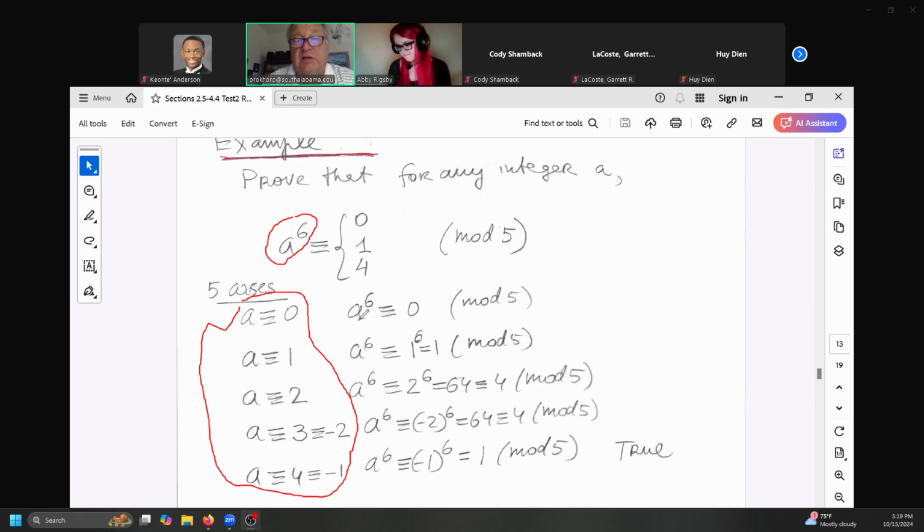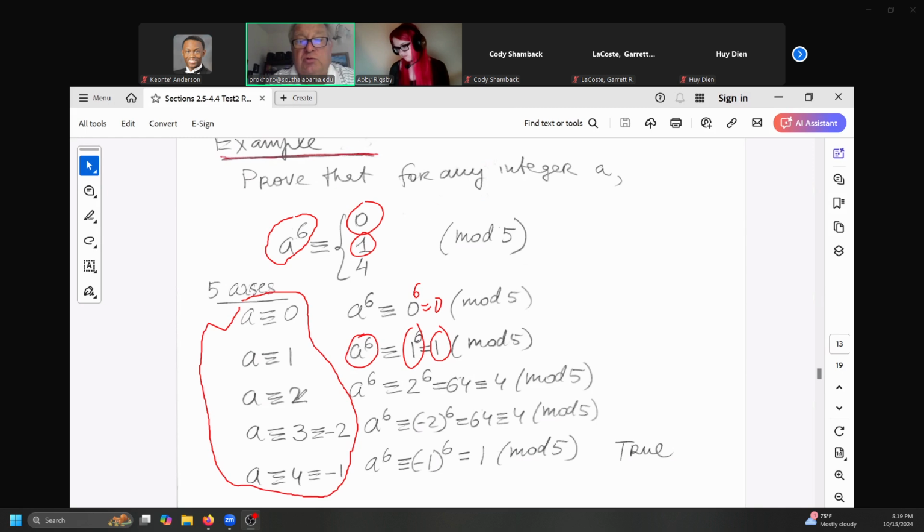We get 0 to the power 6, which is 0. Good, this case works. What is next? Instead of a, I'm writing 1. 1 to the power 6 is 1 modulo 5. This case.